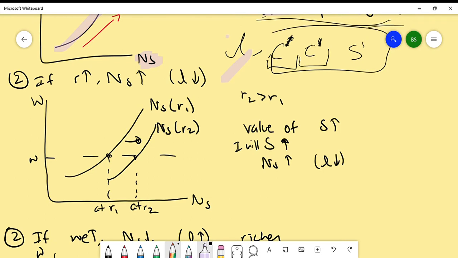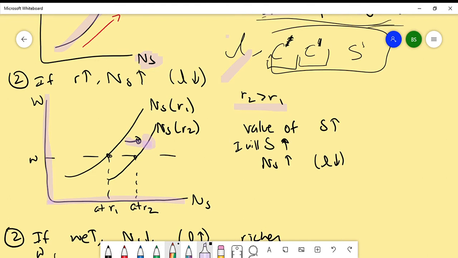Next, if the rate increases, the labor supply increases. Our normal function is of the wage and labor supply, and with a new R, where R2 is greater than R1, our curve will shift to the right. Why is this?